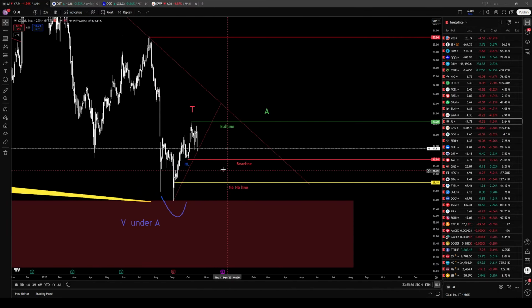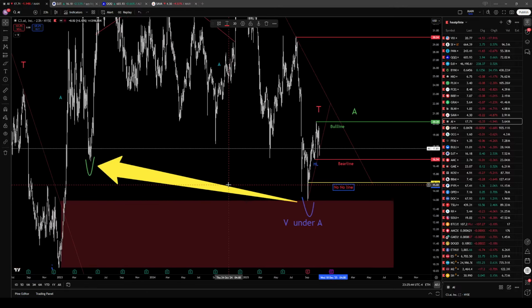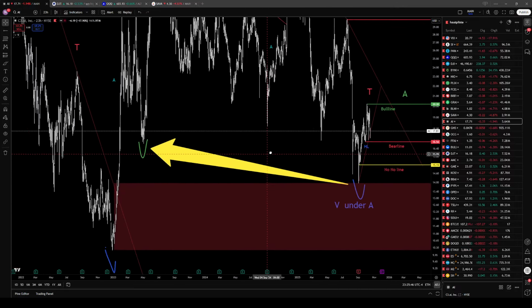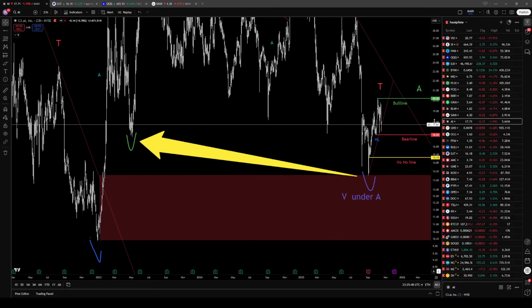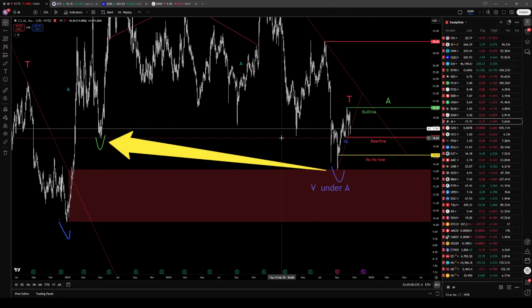For confirmation, if you break 1691, that would already be kind of a confirmation to the downside. If you break under 1519, that is for me, let's say, 90% confirmation.